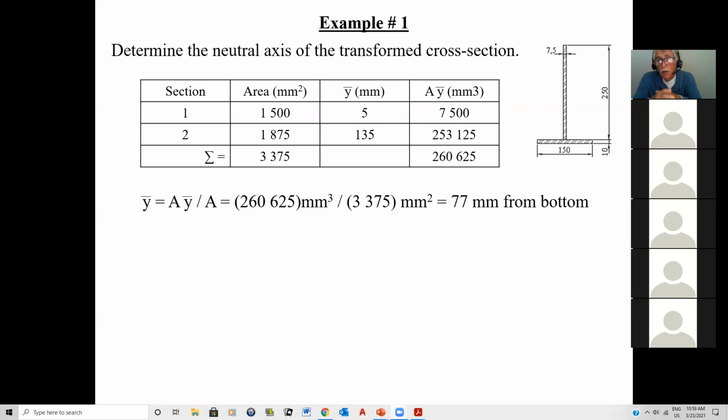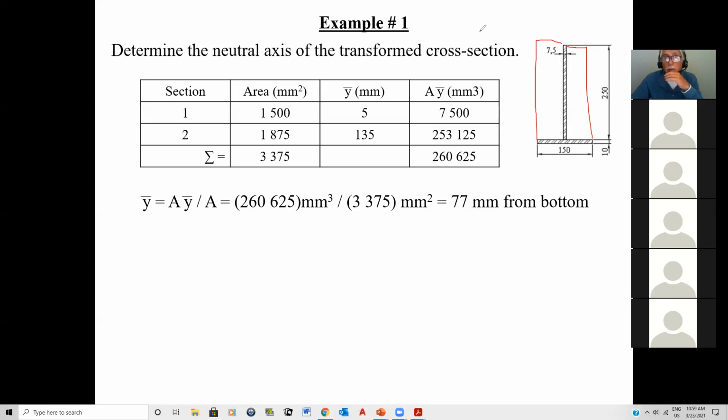Now, would you believe that I can also do this? I can make this into one big square, and whatever I'm creating here, I just have to put negative values and I will end up getting the same thing.